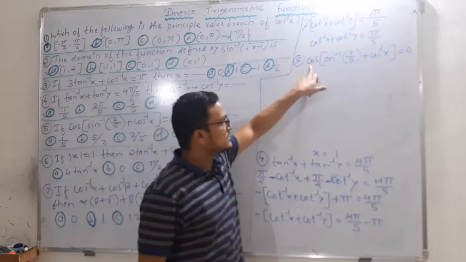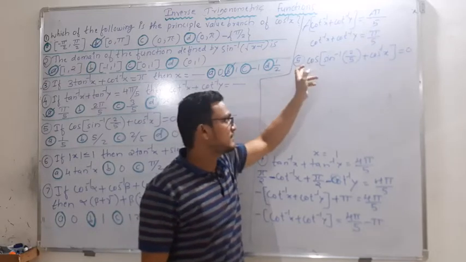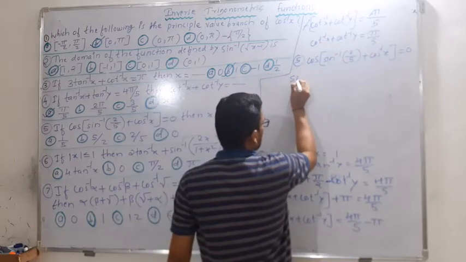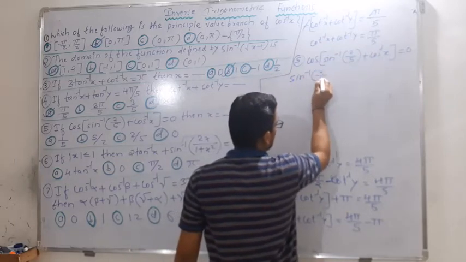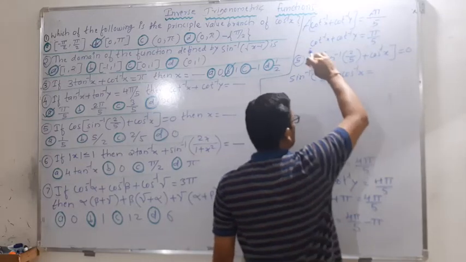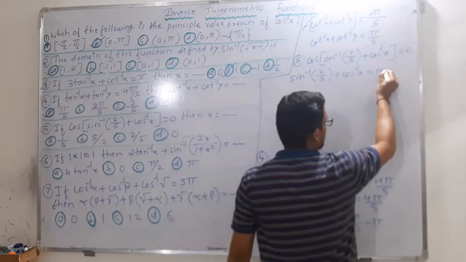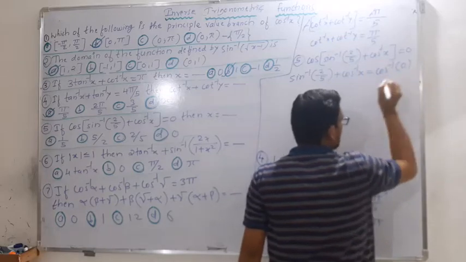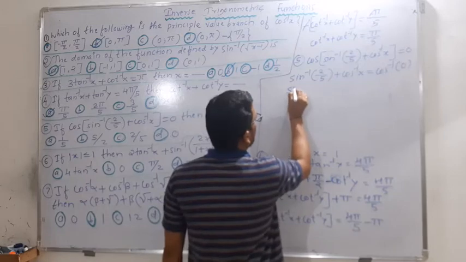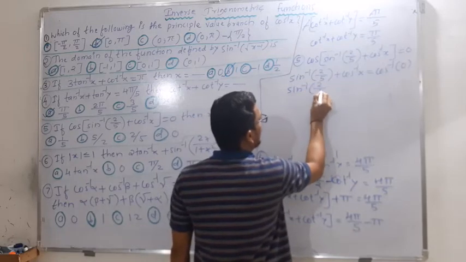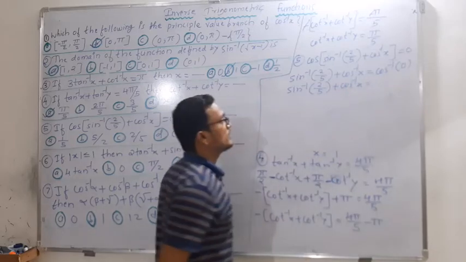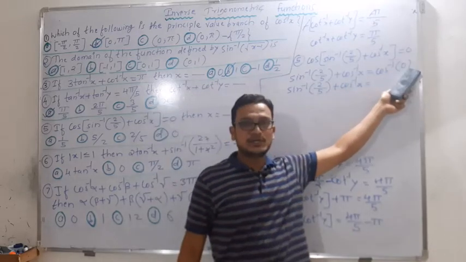Now this cos function, it is a normal function. If I transfer it to the other side, it becomes inverse. So therefore sin inverse of 2 by 5 plus cos inverse x as it is, and the normal function, if I transfer to the other side, becomes cos inverse of 0. Now cos inverse of 0, it means what?